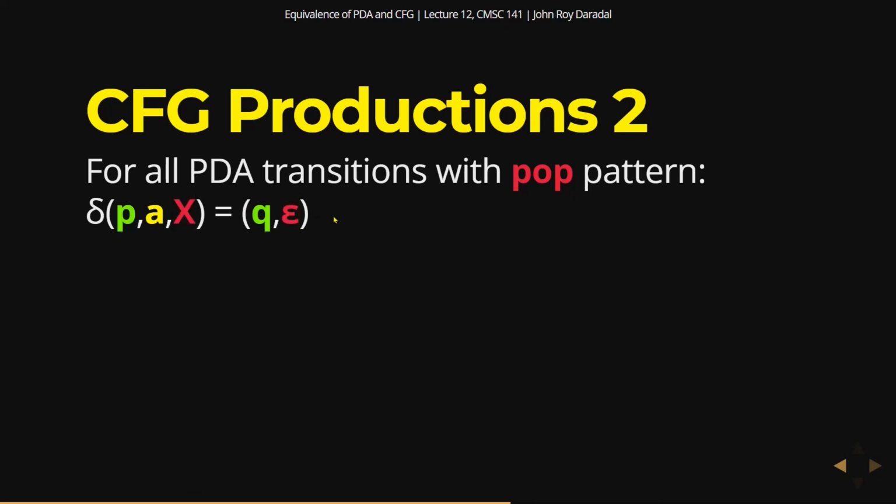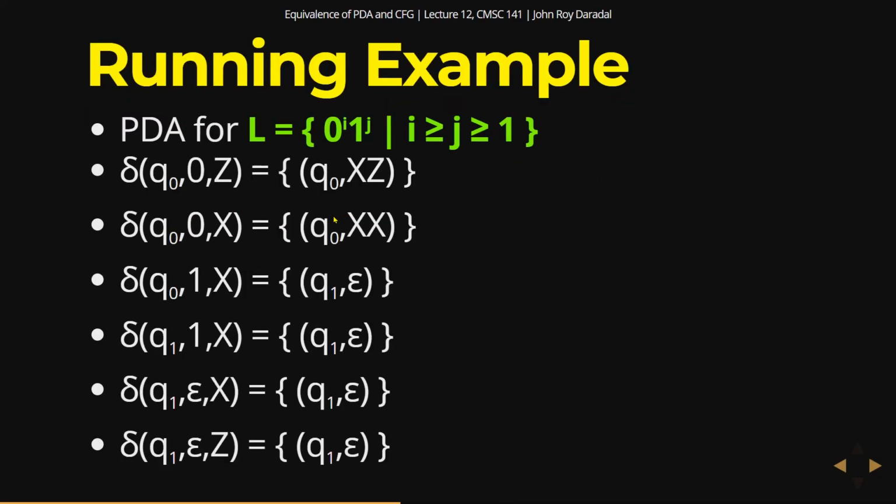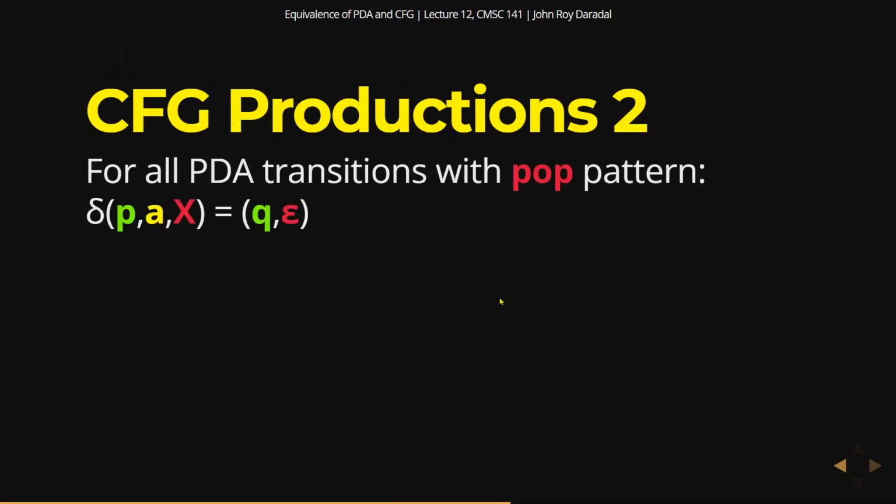Okay, so in here we actually have 4, right? We have this one, this one, this one, and this one. So the last 4 have the pop pattern. So what we'll do is, for each of these transitions with the pop pattern, we will add the production PXQ, as the variable, equals A. Okay, so where did we get this?